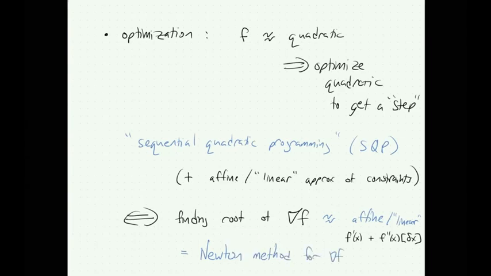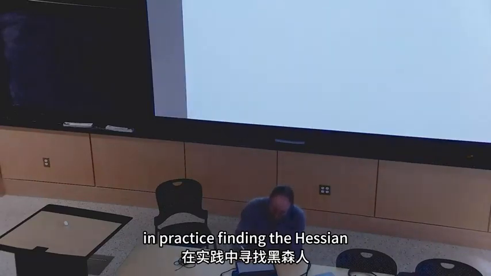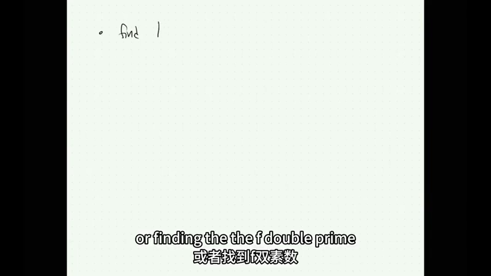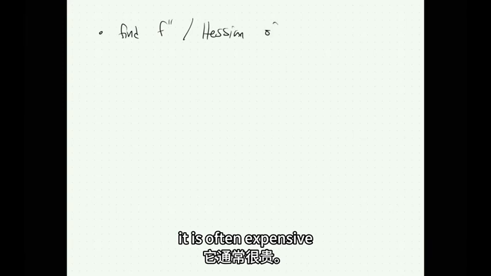Right? And so in practice, finding the Hessian, or finding the f double prime, or the Hessian matrix is often expensive.